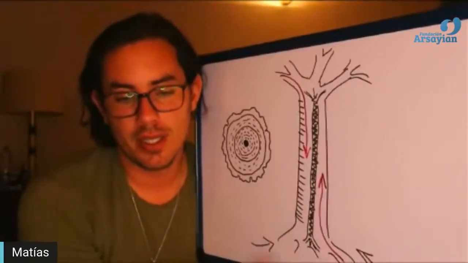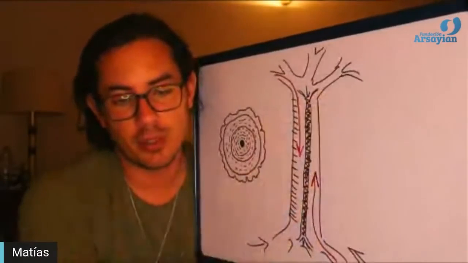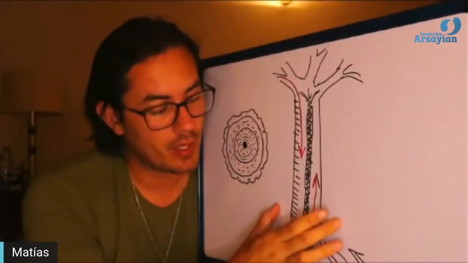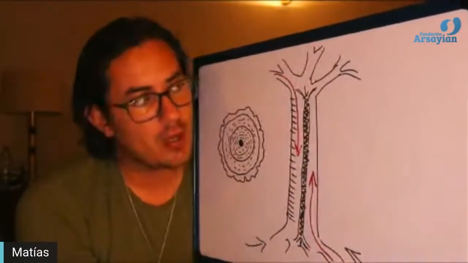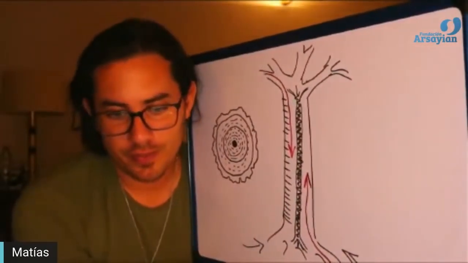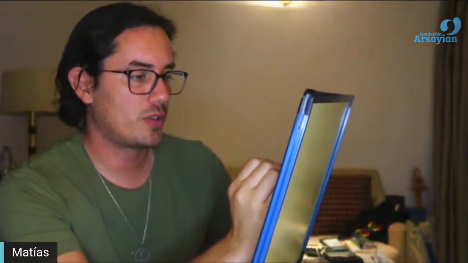So the trunk is basically the middle point, the canal that connects the roots on the ground with the leaves in the branches. And of course, we will see this compared to us, obviously.